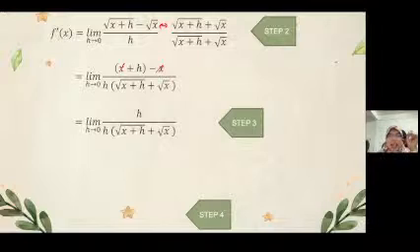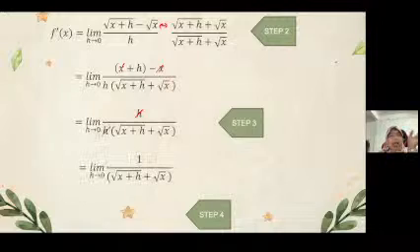Why is that? That is because we haven't cancelled out the term that will give us 0 over 0. So now you should be able to cancel out the h and the h. So we are going to get the limit as h approaches 0 for 1 over square root of x+h plus square root of x.